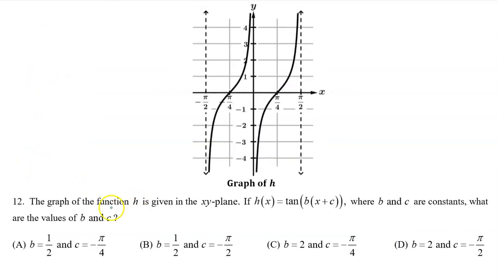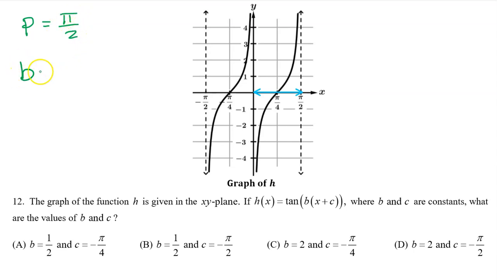Number 12. The graph of the function h is given in the xy plane. If h of x is equal to the tangent of b times x plus c, where b and c are constants, what are the values of b and c? So to find the b value, we start with the period. The period can be measured from asymptote to asymptote. Since we have one asymptote at 0 and the next asymptote at pi over 2, the period is pi over 2.